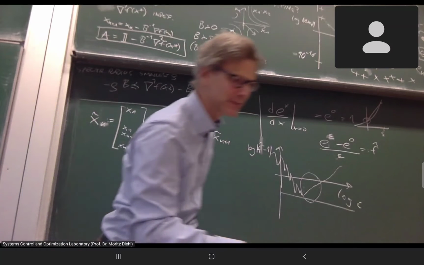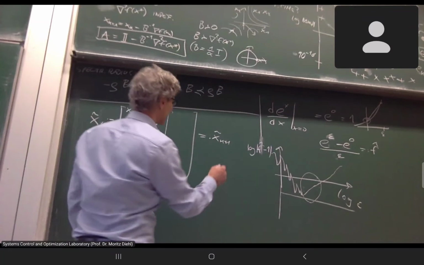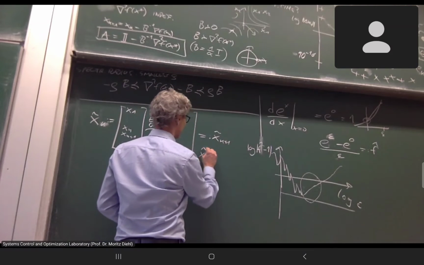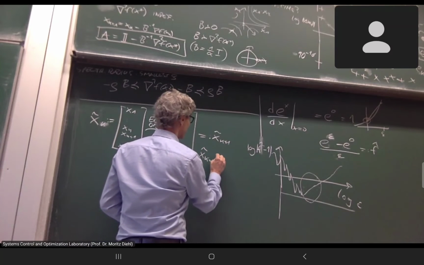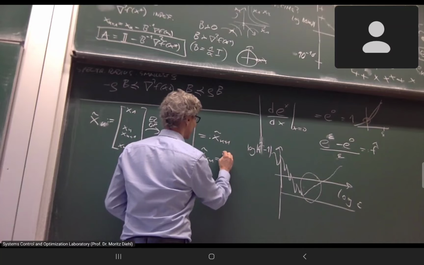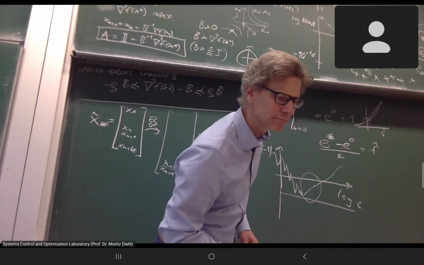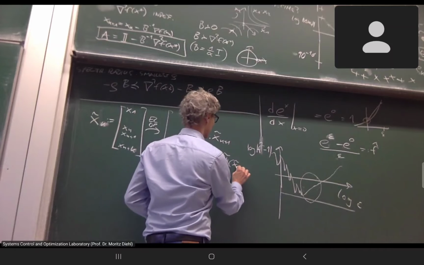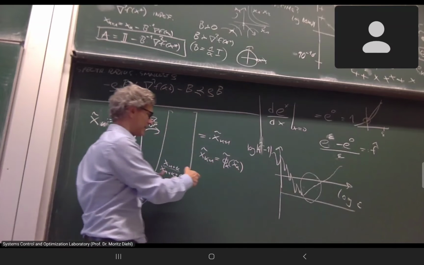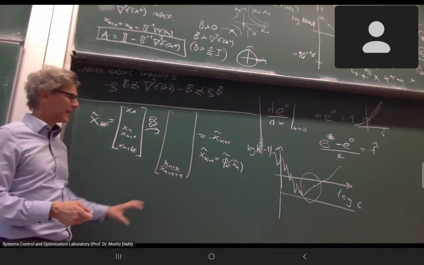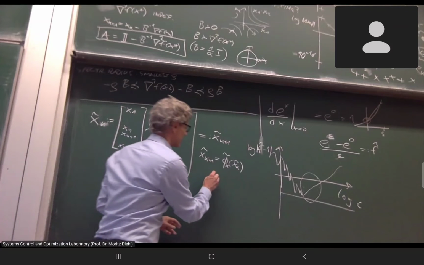I call this a map from one to the next: x tilde k plus 1 is equal to some phi tilde k of x tilde k. So I have a map that makes this thing. And this map is actually very simple.